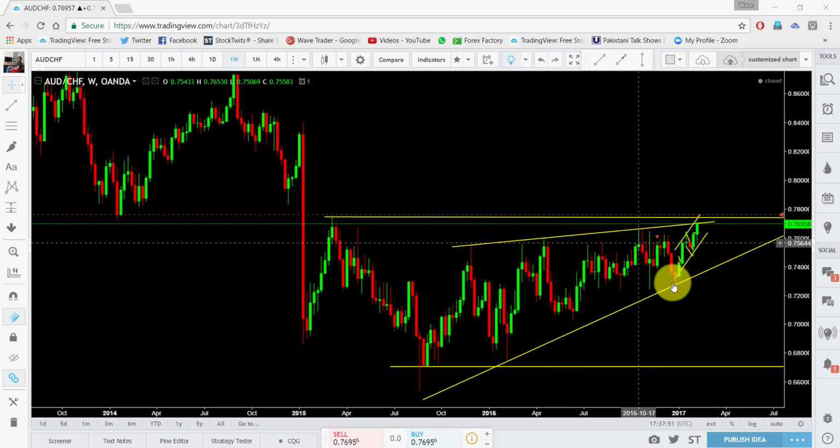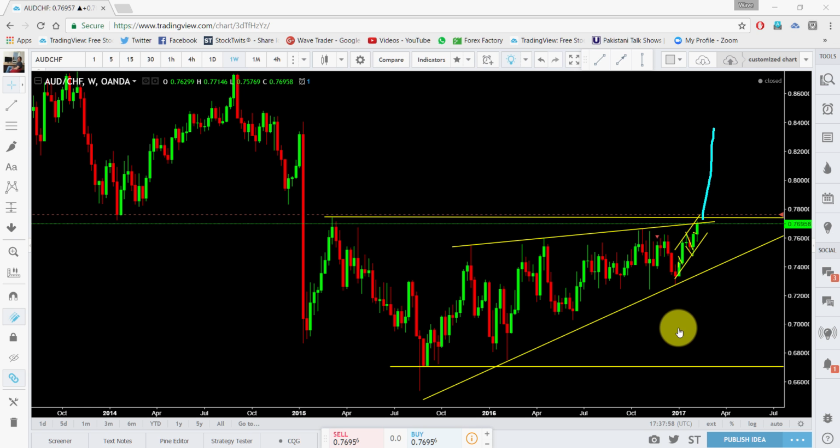For that move, the Australian dollar needs more strength against all other pairs, which is less likely. It seems to me that the Australian dollar is going to reverse back, going to get weaker again in the coming weeks. So we will look for this move.